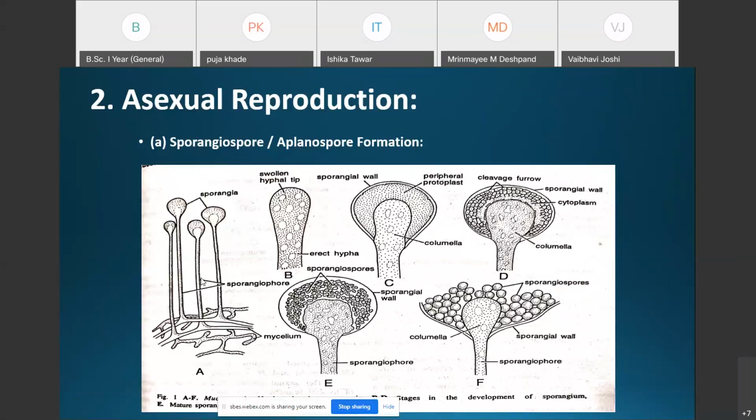Here the hyaline branches of the mycelium which bear the sporangia at their tips are known as sporangiophores.